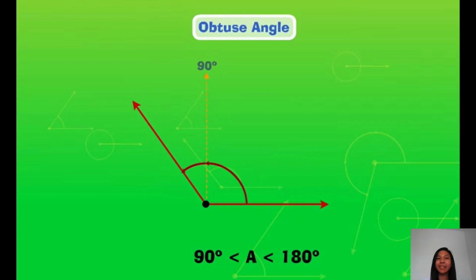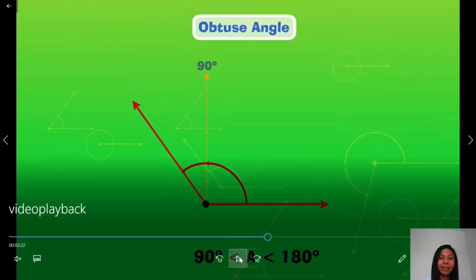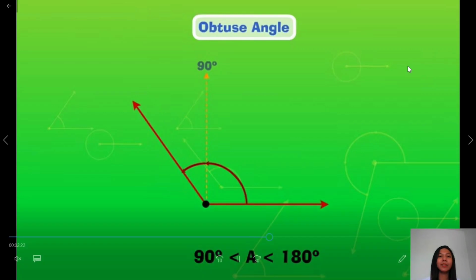For example, 91 degrees, 100 degrees, 175 degrees. So it's between 90 degrees and 180 degrees.